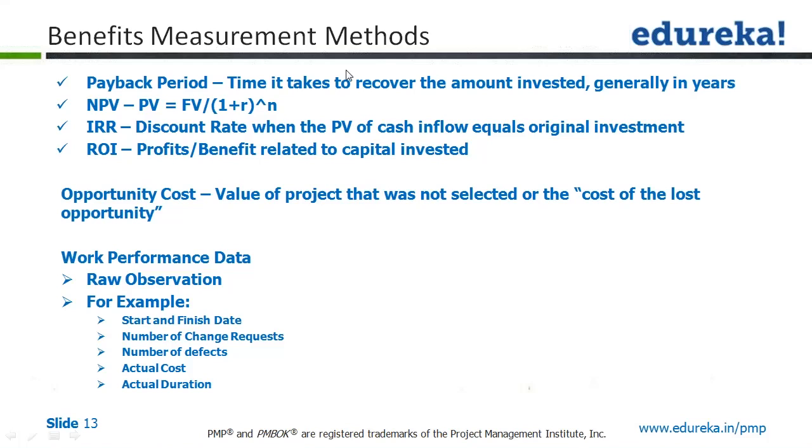The second thing here is NPV, which is the net present value. Net present value, if I have to explain it in a very simple way, is: what is the net present value of a project?